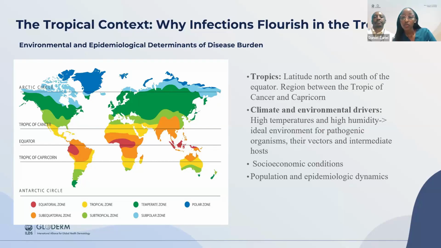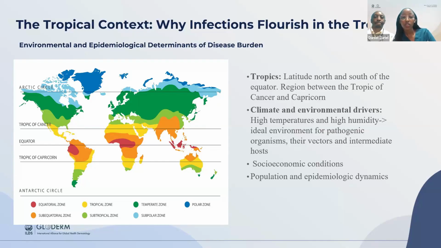In addition to these climate and environmental factors, we also have some socioeconomic conditions that play a very big role in how diseases are transmitted, particularly poor healthcare and poor access to healthcare. We also have a lot of poverty in these particular regions.